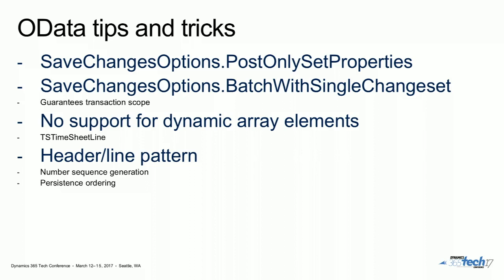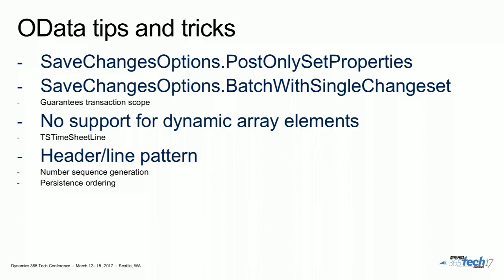And what OData internally does is it bundles this as one call and pushes it to operations. And let's say, for example, if operations didn't find an item number, then this call failed, it will roll back the header.